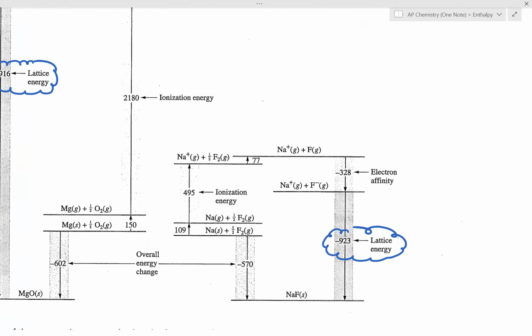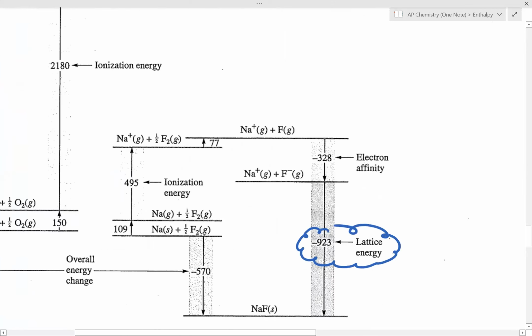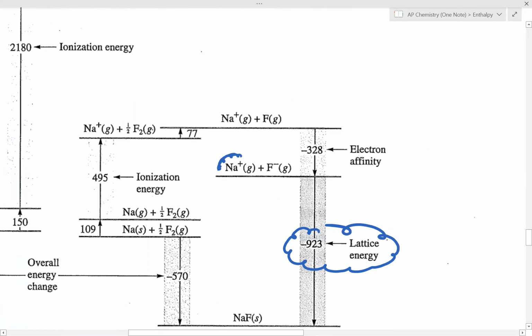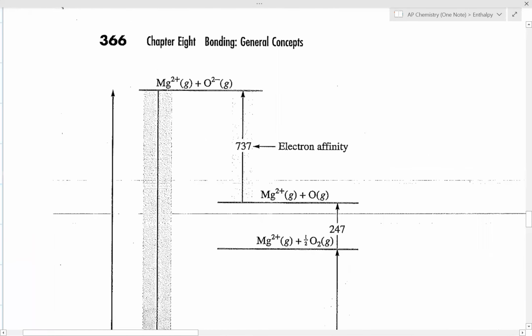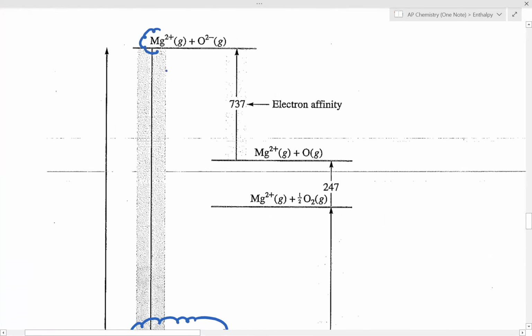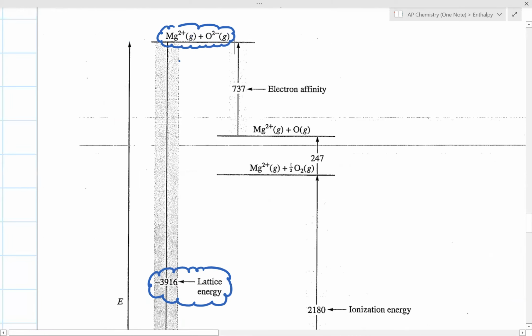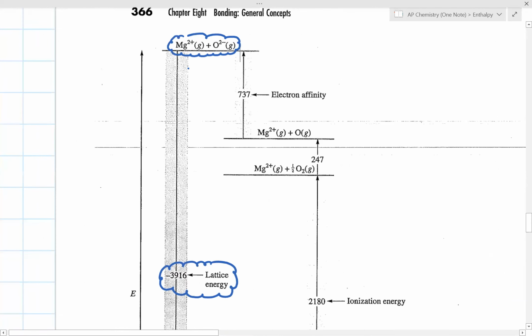The reason for the difference is that sodium fluoride has one positive and one negative ion, while magnesium oxide has Mg 2+ and oxygen 2-. Because it's a +2 and a -2 charge, there's more energy given off when they are combined together.